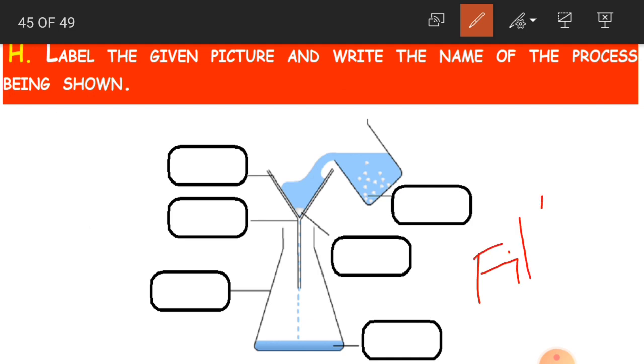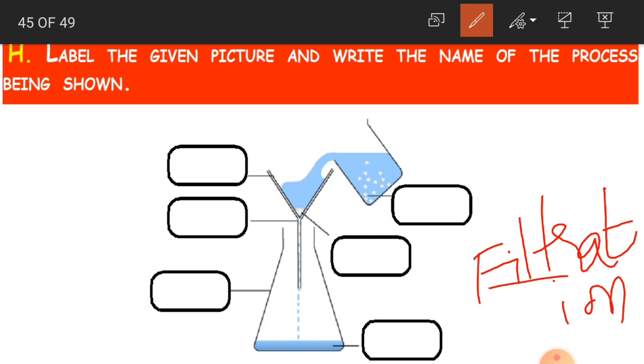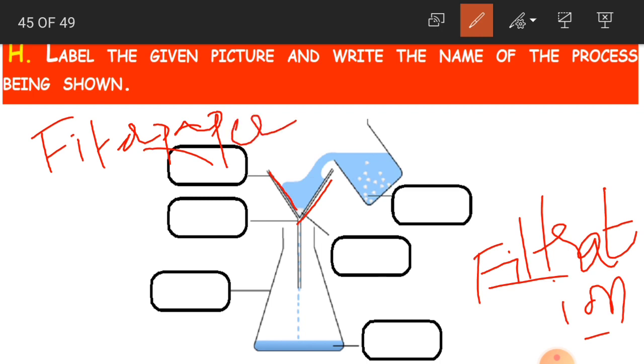And we also have to label these parts. So we'll just do it. This part, what is it? This is a filter paper, where we are going to filter the water.